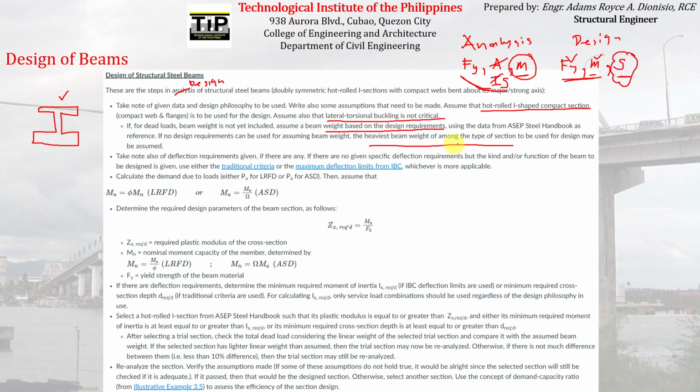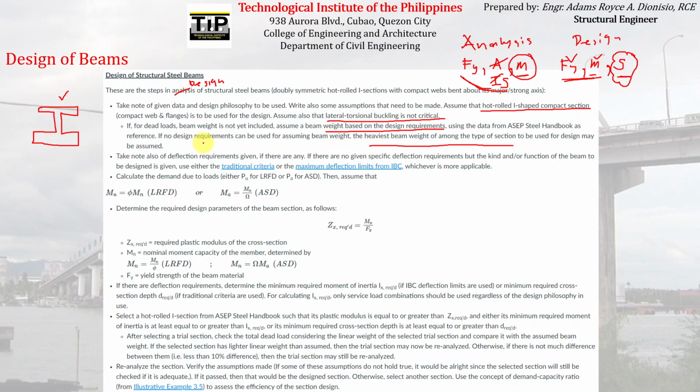So we can just assume a beam weight equal to the largest beam weight that you can see in the steel handbook, since we just need an initial section for the computation of the beam weight. Okay, because again, design is actually an iterative process.